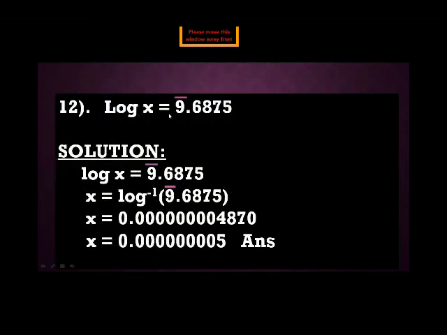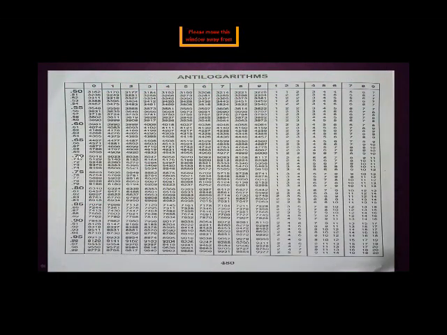Now log x is equal to 9 bar 0.6875. Here you have to find the antilog. So its characteristic is 9 bar. How will you find it? First you will find its mantissa from the table, 0.687 and then 5. 0.687 is 4864, and then in the 5 column you will get 5.